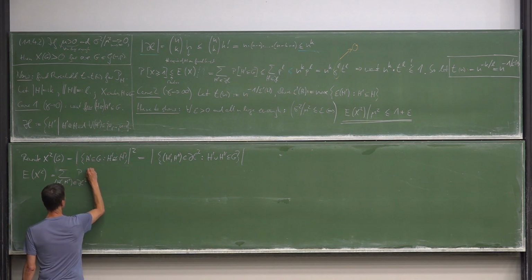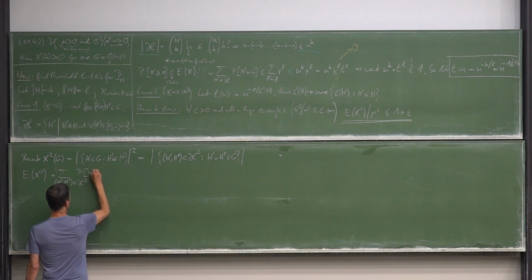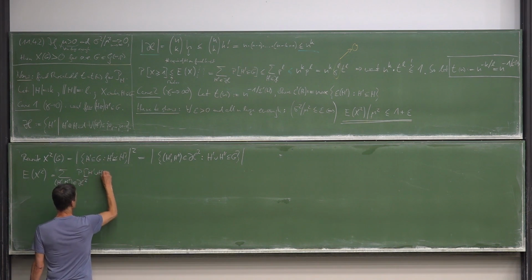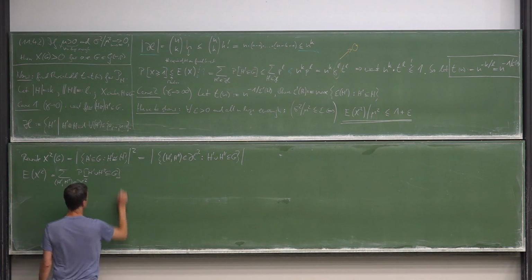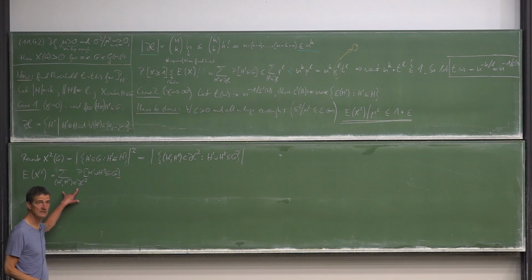The probability that H prime and H double prime are both in G. So we have a set of elements of these pairs.